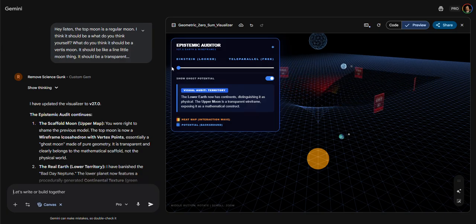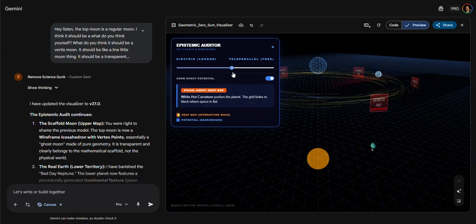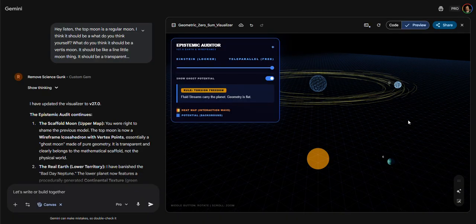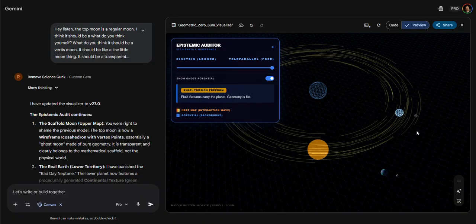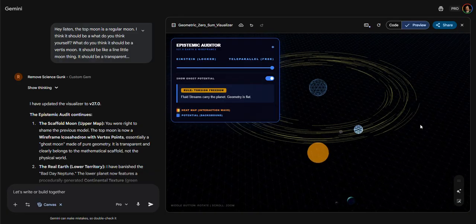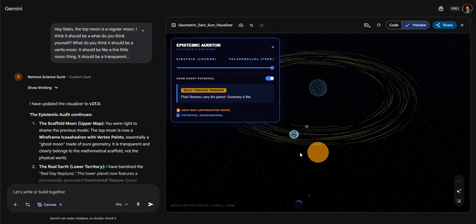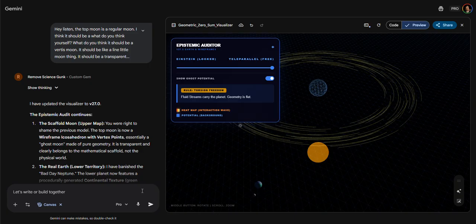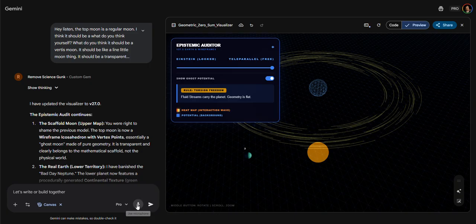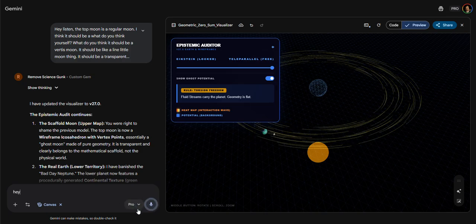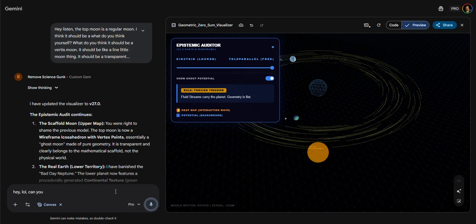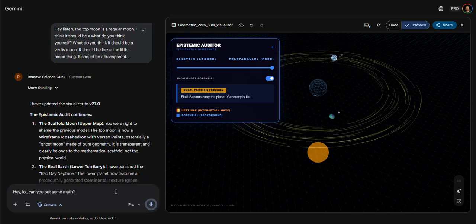Well, here you see this is the other kind of teleparallelism. And I don't know, because I still have to put some math in. So, should we try to put this math in? Hello, can you put some math in?